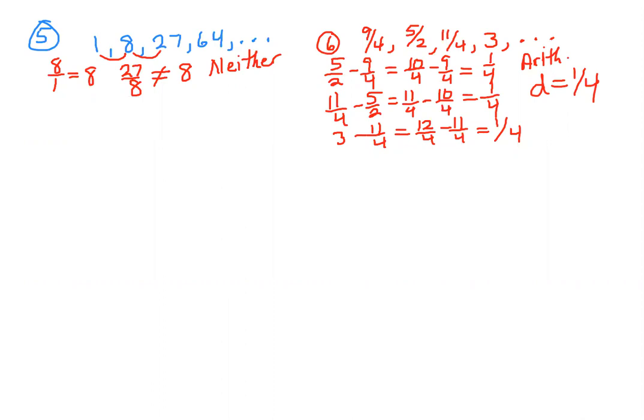So to find our rule, we're going to say D times n minus 1 plus a1. And we're not going to leave it like that. We're going to distribute the 1/4.